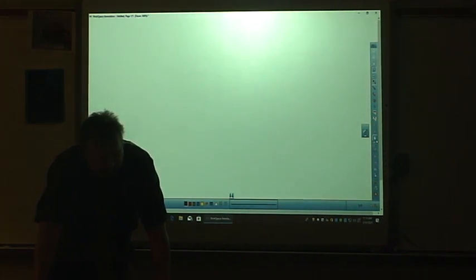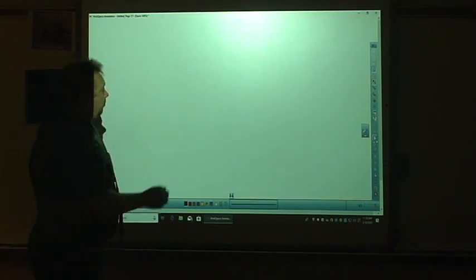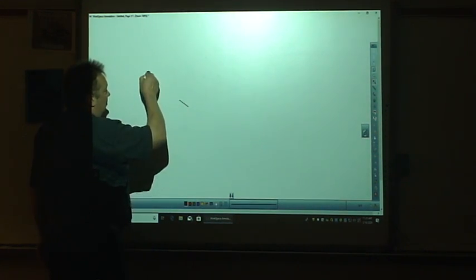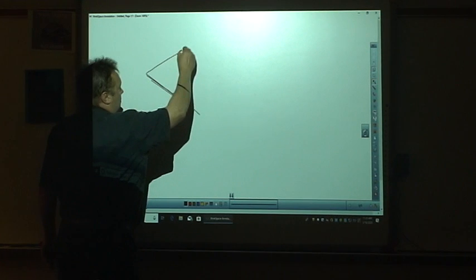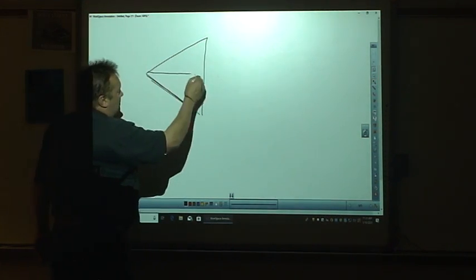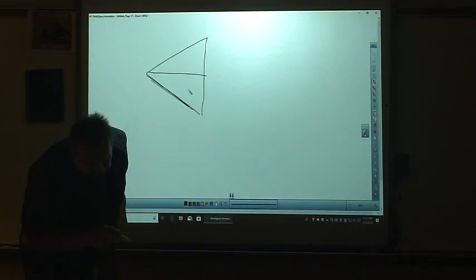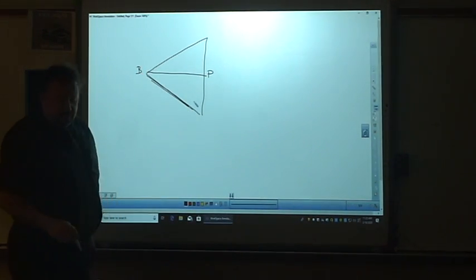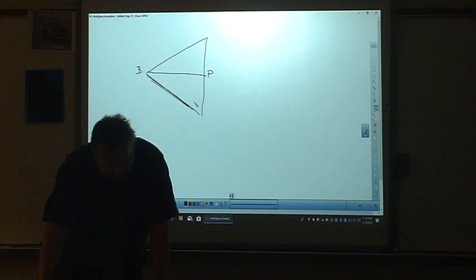Number 2, BP is called the altitude to the hypotenuse, and that's in that bigger triangle there. Where you have it as altitude to the hypotenuse of the right triangle.